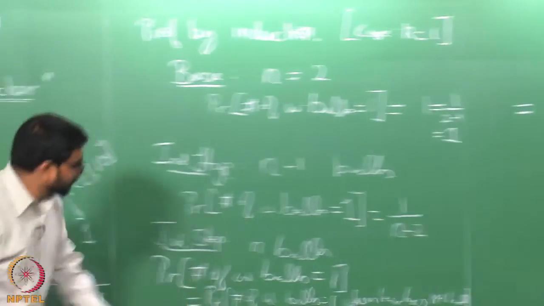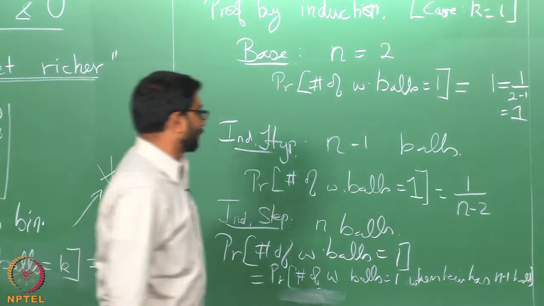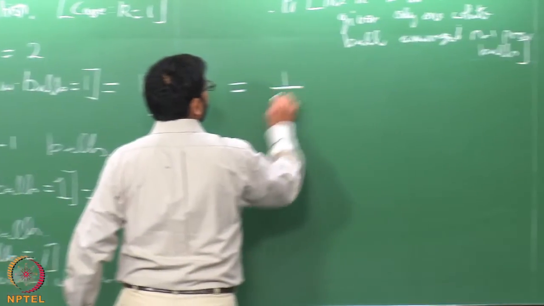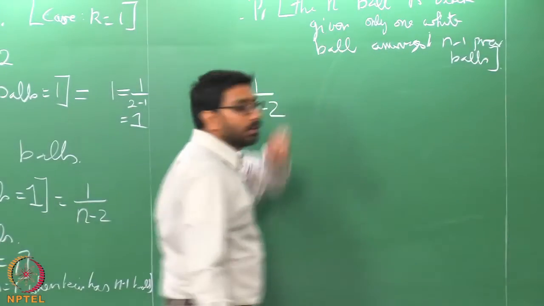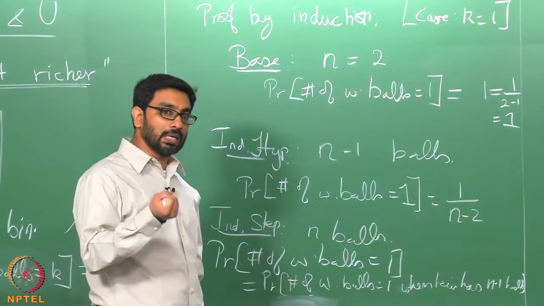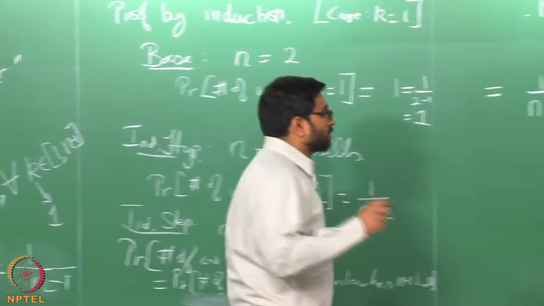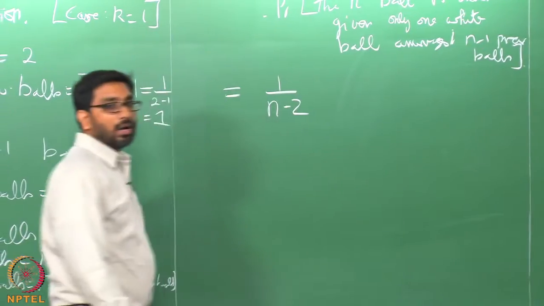What is this probability? Well, here we can take advantage of the inductive hypothesis. So, this probability is 1 over n minus 2, times this probability. Here, what is the probability with which the last ball will be a black ball, given that there are a total of n minus 1 balls, out of which n minus 2 are black?